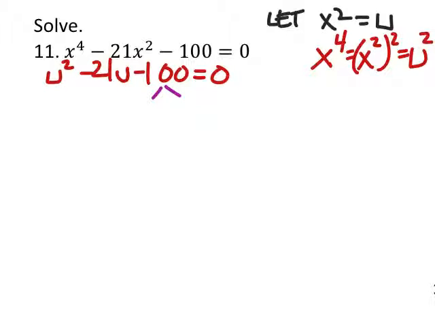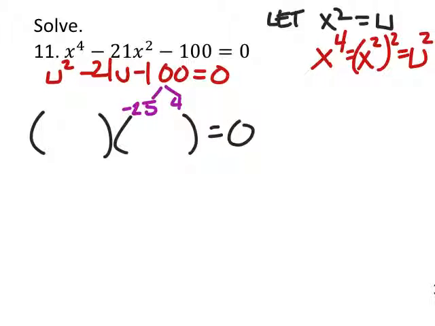And we can split this up. Negative 100 would split up into a negative 25 and 4. So this would split up into two factors. We'd have u minus 25 and u plus 4, since the coefficient of u squared is 1. But then we'll go ahead and replace that u with x squared.